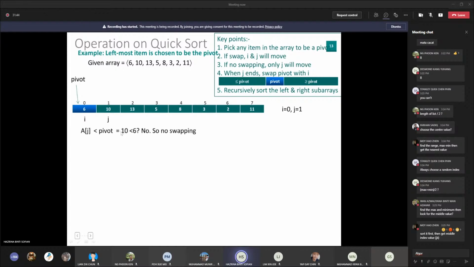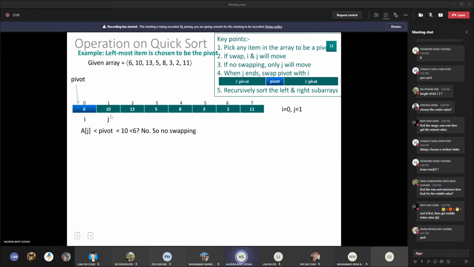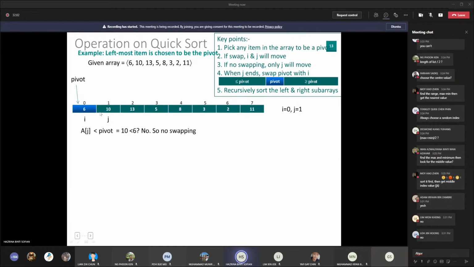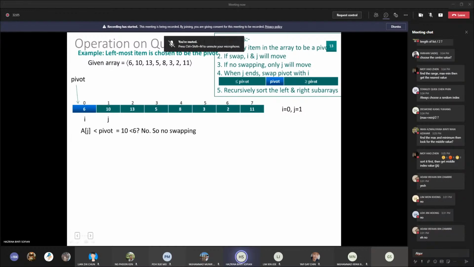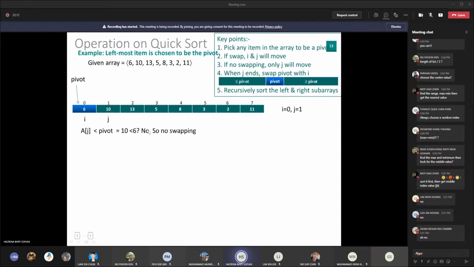Is aj smaller than pivot? No. So if no, there won't be any swapping.